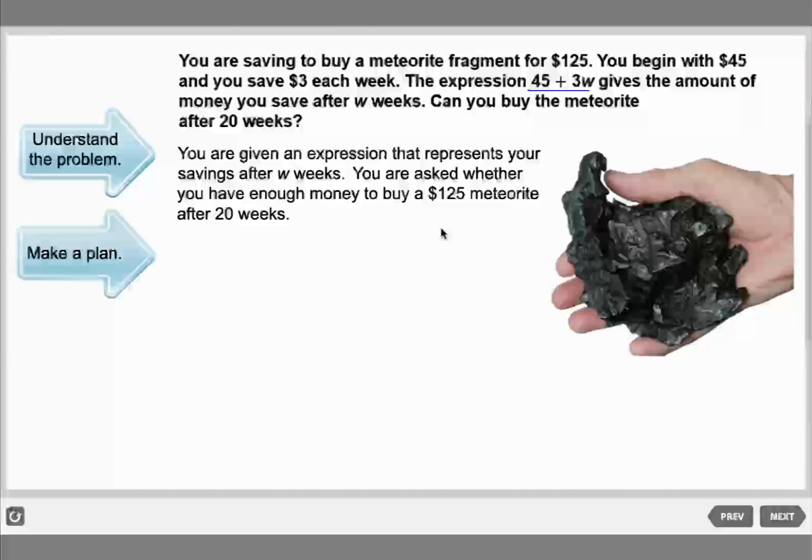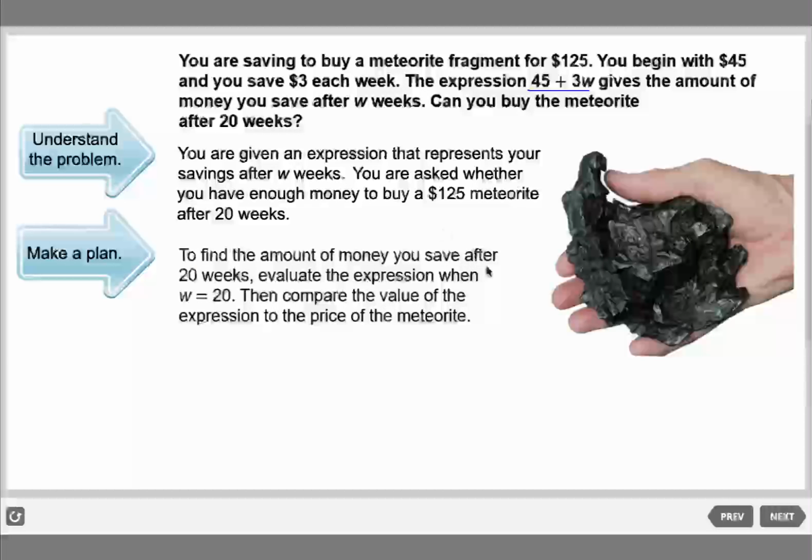So, let's make our plan. We can find the amount of money saved after 20 weeks by evaluating the expression when W equals 20 and comparing the value of the expression to the price. So let's do it.